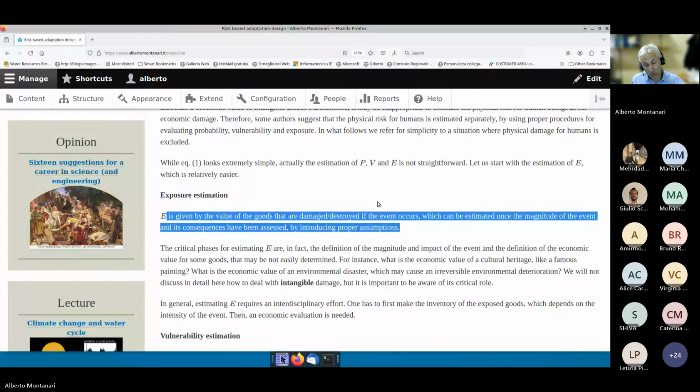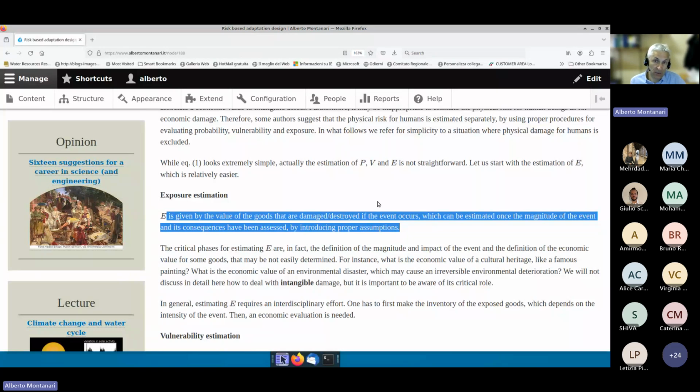You are not allowed to undersize any strategy, any adaptation option below what the legislation suggests, but you can oversize for an event of a more intensive, of a larger magnitude.